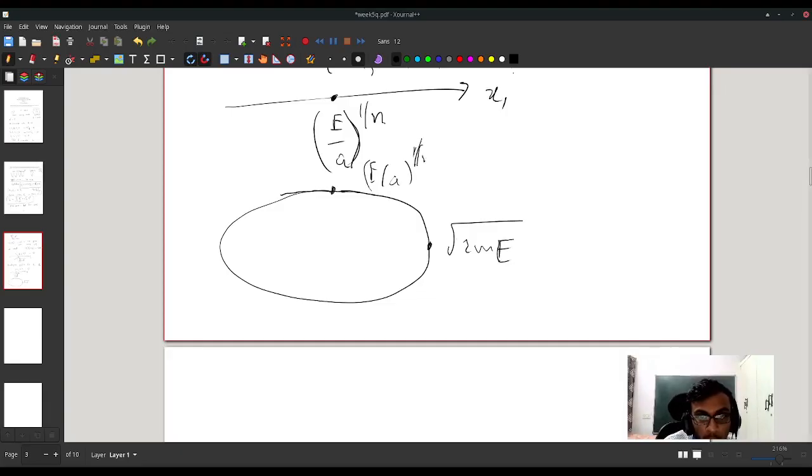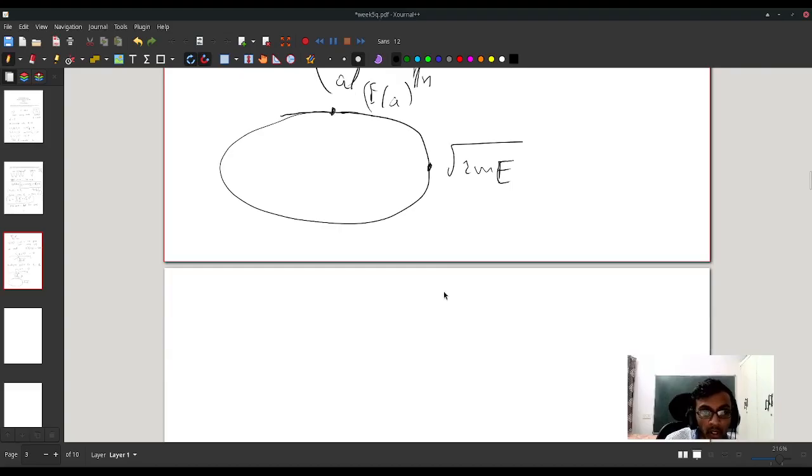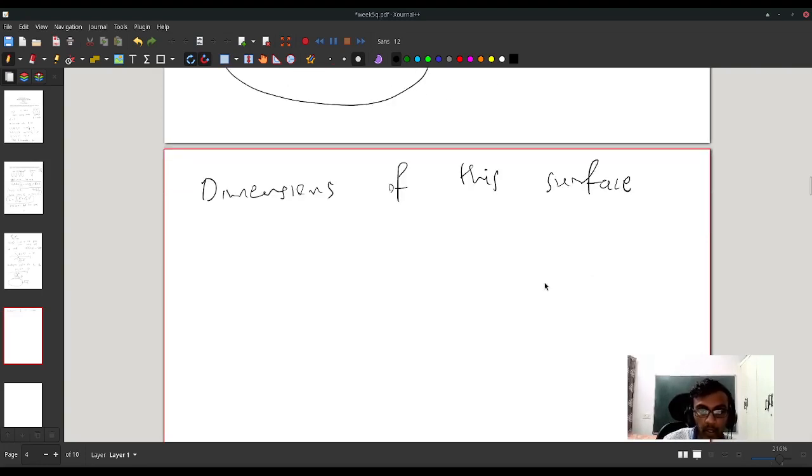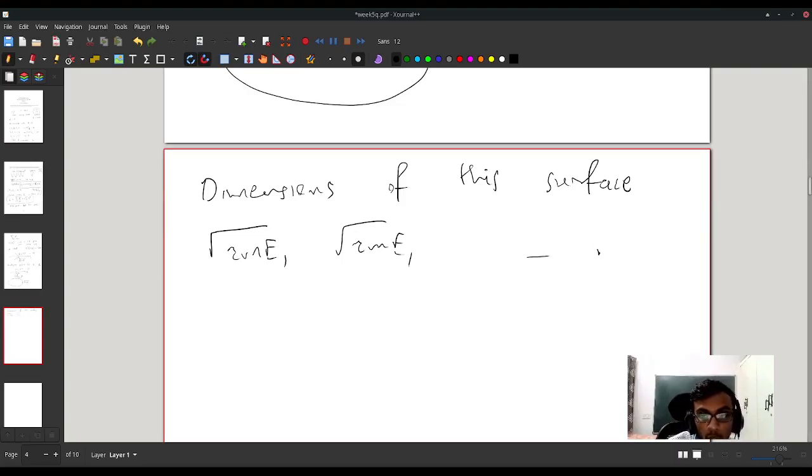Of course I am only drawing two such directions, but the dimensions of this surface are square root 2mE, square root 2mE, and so on, and this and so on.